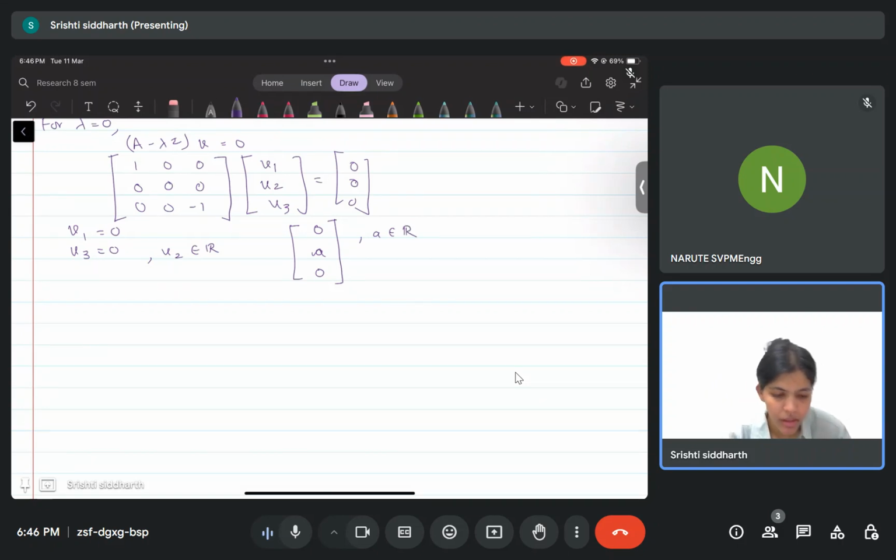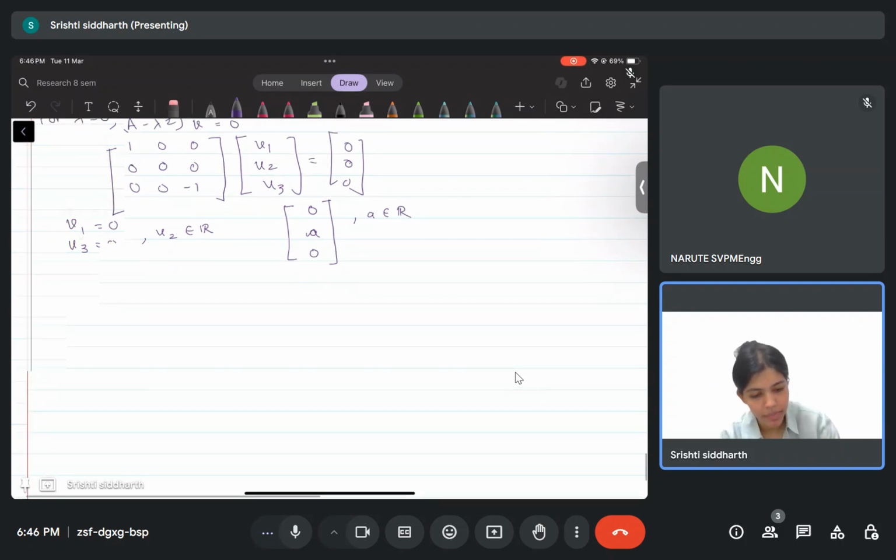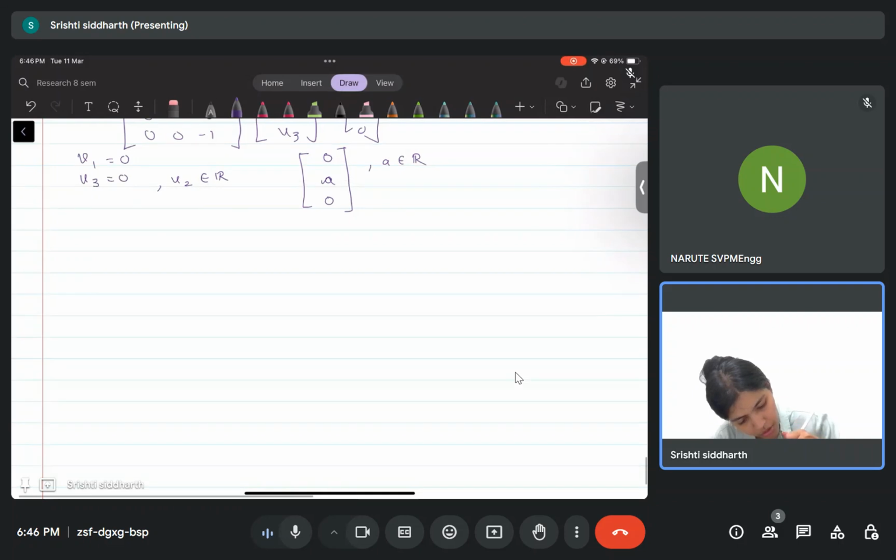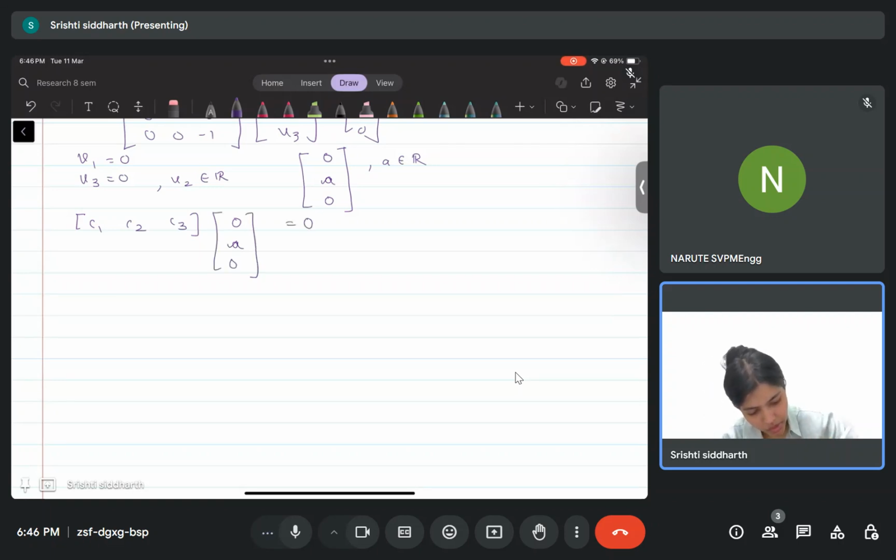So let's check, does this lie in the kernel of C? How do you check that? We have C1, C2, C3 applied to 0, a, 0, which simply gives C2 times a.